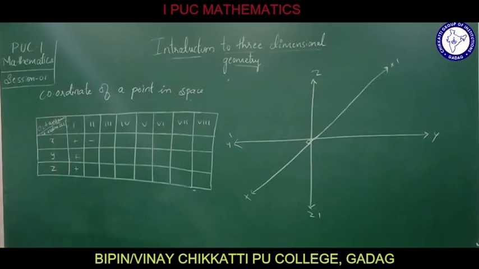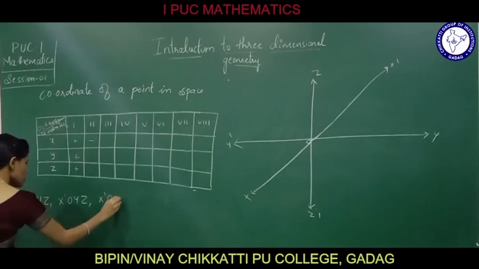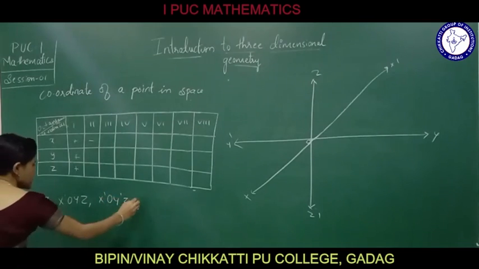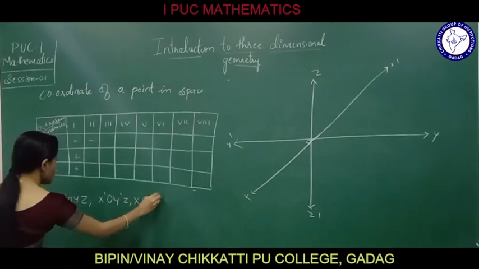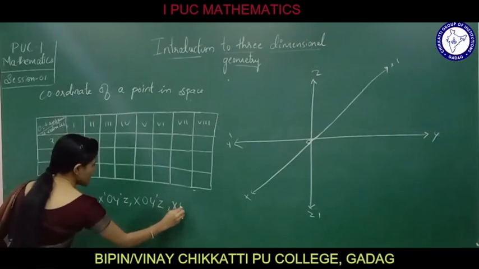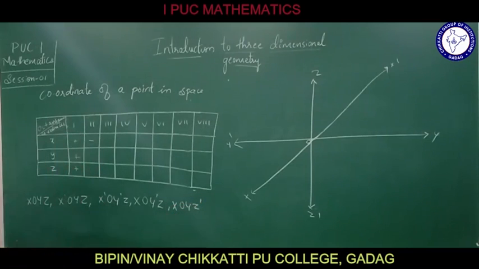Then it will be easy for us to identify. That is XOYZ, then we have X'OYZ, then X'OY'Z, then XOY'Z, XOYZ', and so on.